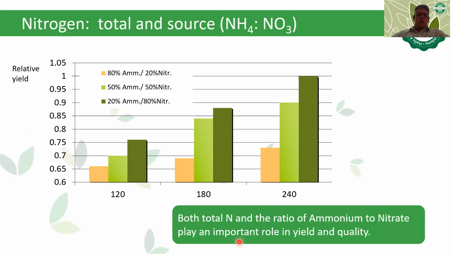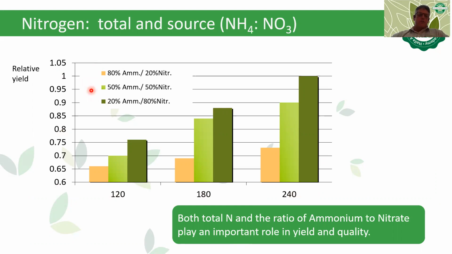What's also important, not just how much N, but also the type of nitrogen. And here you can see the result of trials. They've increased the level of N on the potato, and they've looked at what the yield is per plant. The orange is 80% ammonium, 20% nitrate.